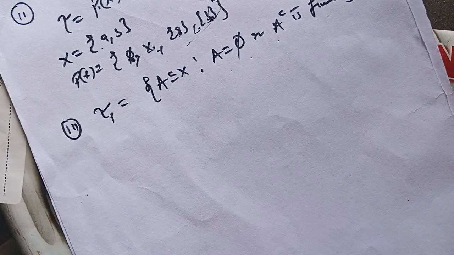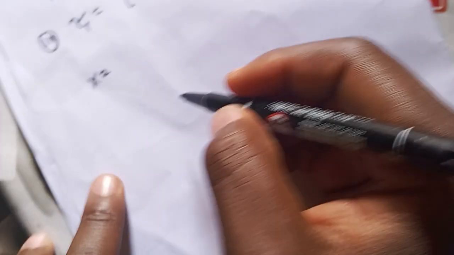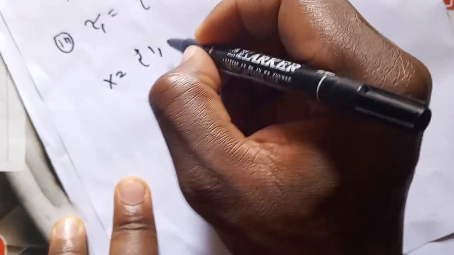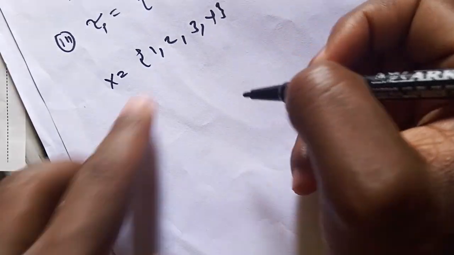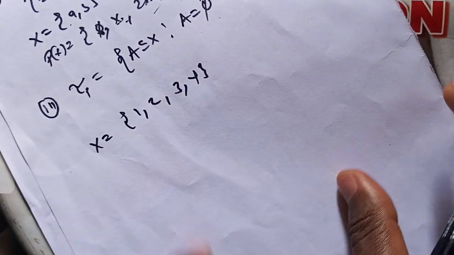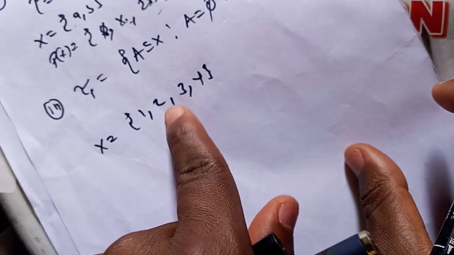Remember, you can form as many topologies as you want on a single set X. Let's say I have a set X to be {1, 2, 3, 4}. I can form as many topologies as I want on this.